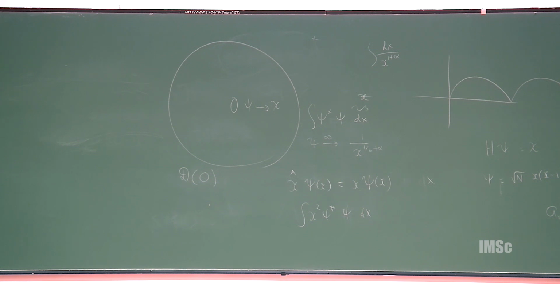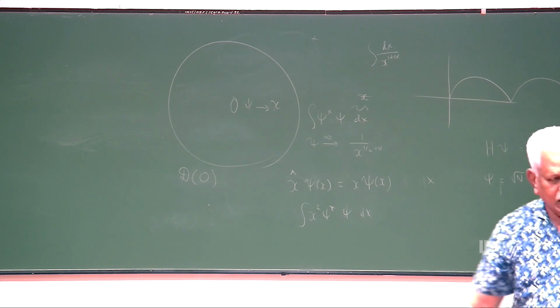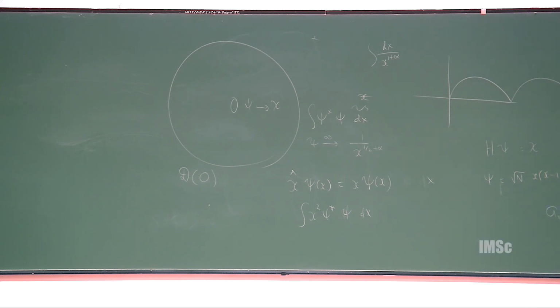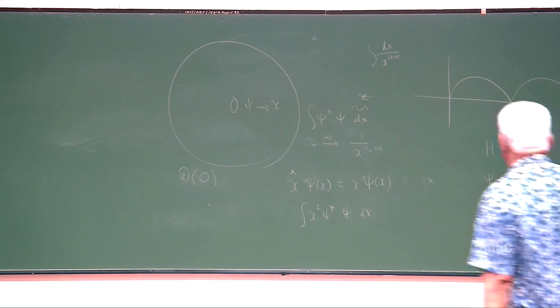Why is it very important? We normally tell in colleges and courses that you have an operator A, you find the Hermitian conjugate of that operator, right? I suppose this is what you are told.